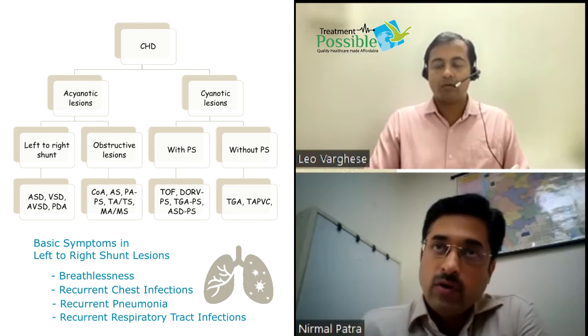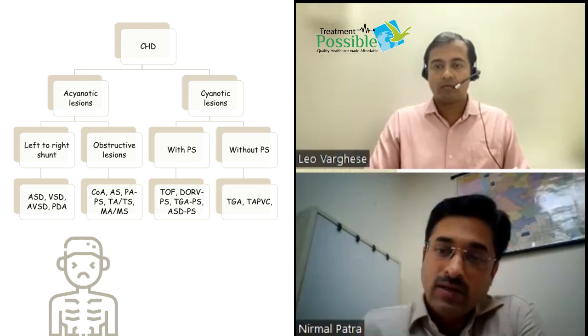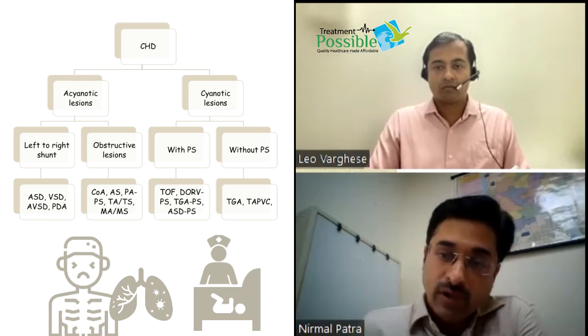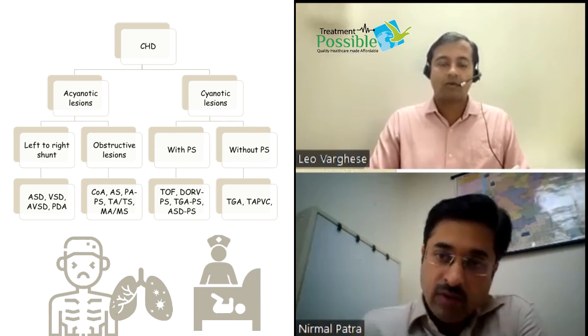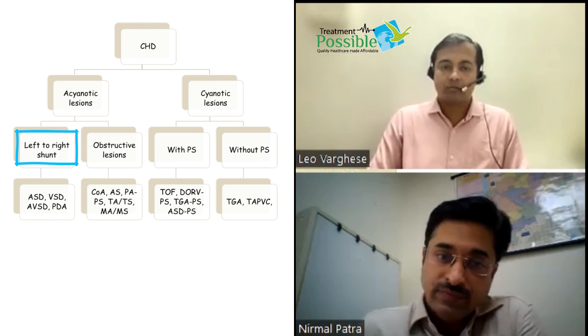Classically you will see these babies are malnourished, cachectic because they are not able to gain weight, and because of recurrent chest infections they have recurrent hospitalization for pneumonias. These are classical left to right shunt lesions.